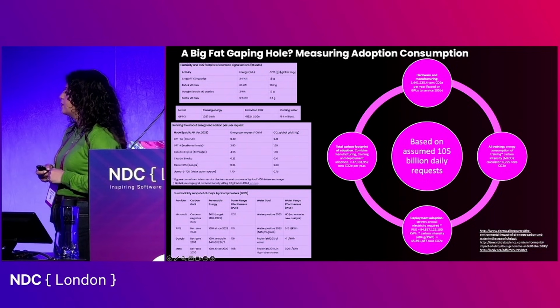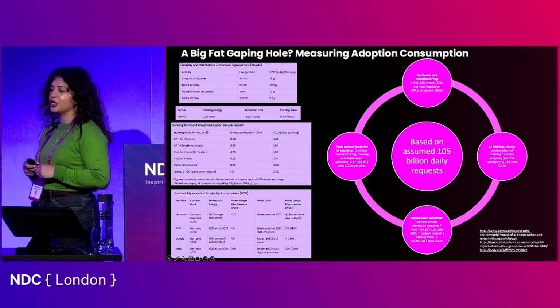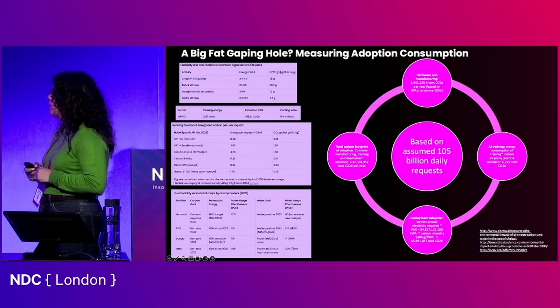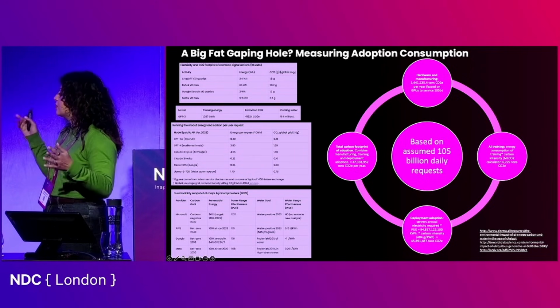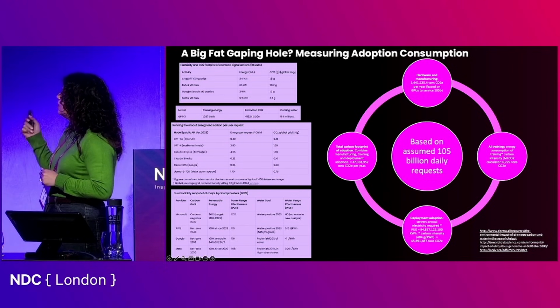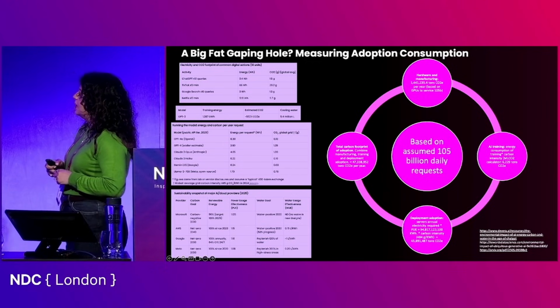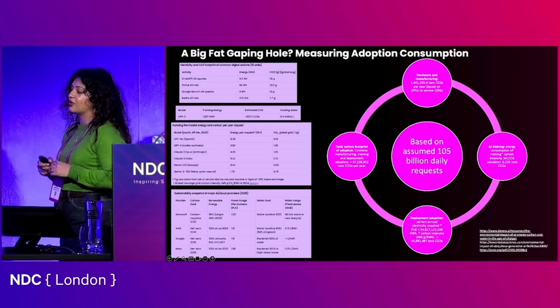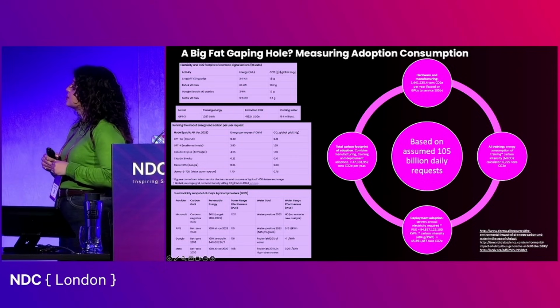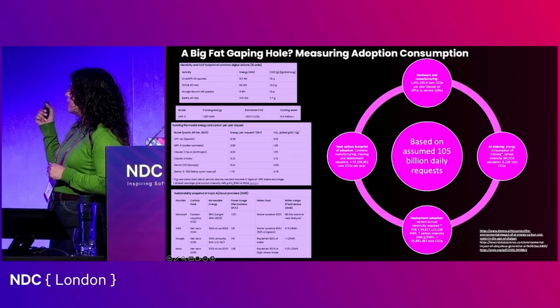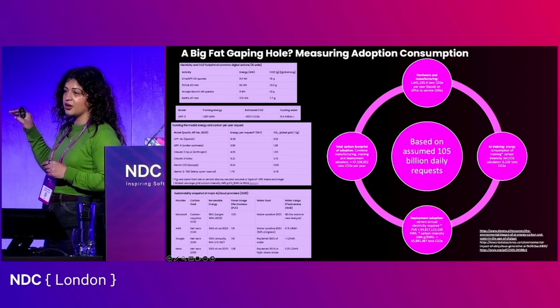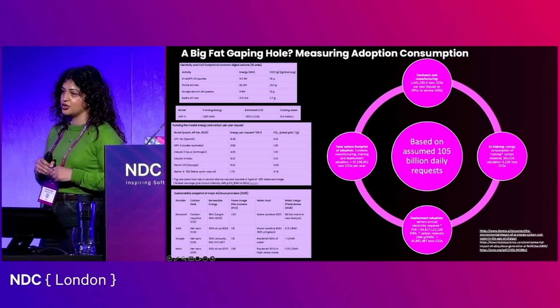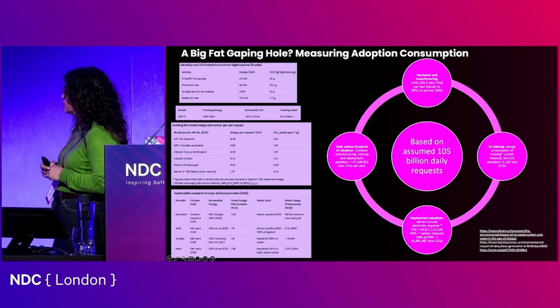They made an assumption based on 105 billion daily requests going to GPT. Hardware and manufacturing, they calculated as being around 1.4 million tons of CO2. The AI training was quite low in comparison, at only 6,229 tons of CO2.